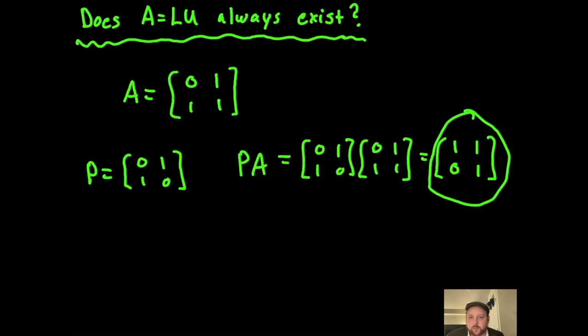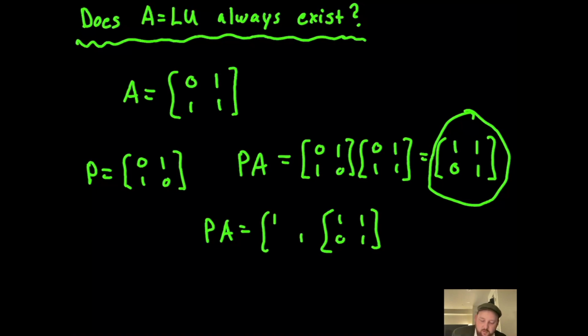The reason why is because it's already upper triangular, just incidentally. Which means that I can say PA is equal to, I have that upper triangular matrix, 1, 1, 0, 1. And then what would go on the left? Well, the identity, because it doesn't change anything, and it's also lower triangular. Right, so this would be my L, and this would be my U.